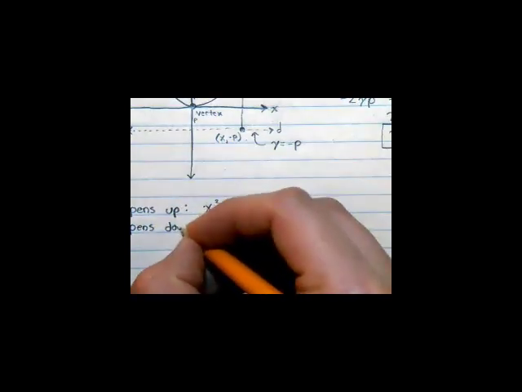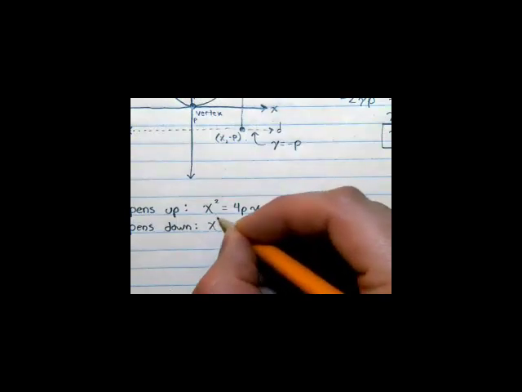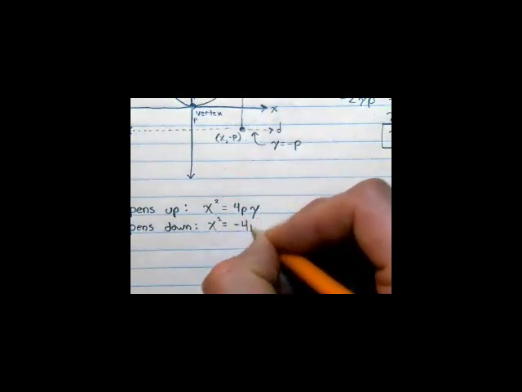X squared equals 4py. If it opens down, maybe you anticipated this, it's just negative 4py.